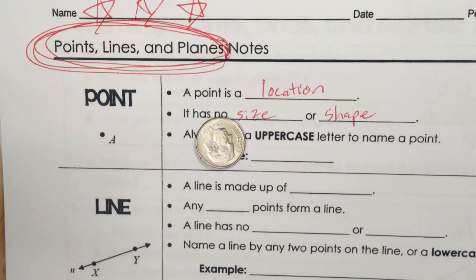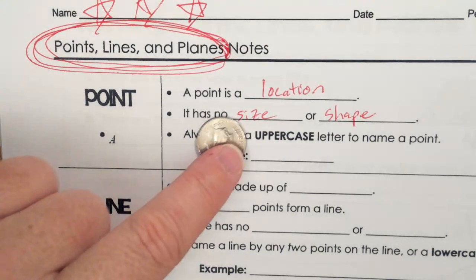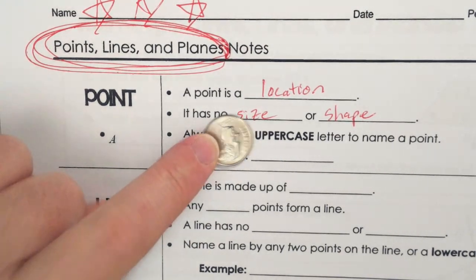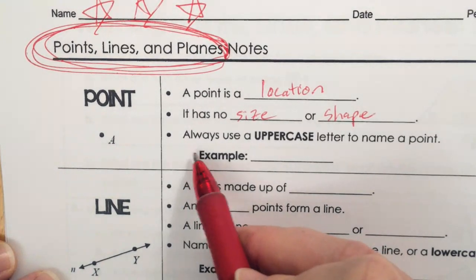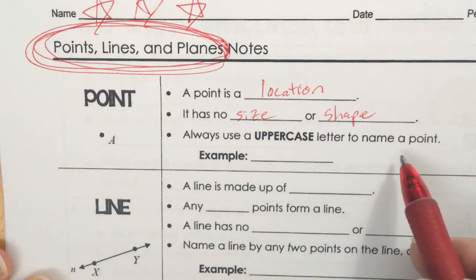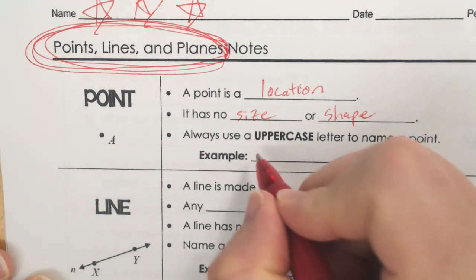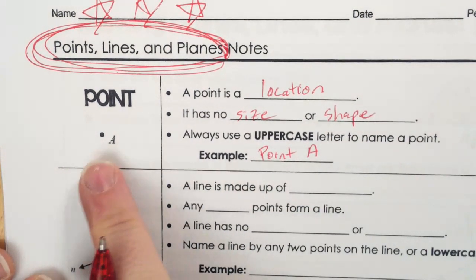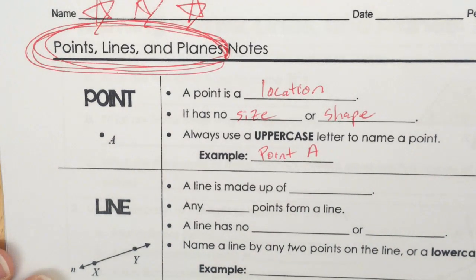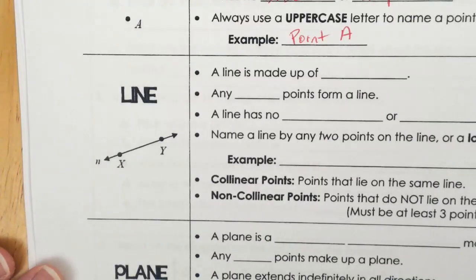It could be your car, a school, a point on a map, or a point on your paper. Always use uppercase letters when you're talking about a point. For example, this one is called point A. All right, let's do another one.